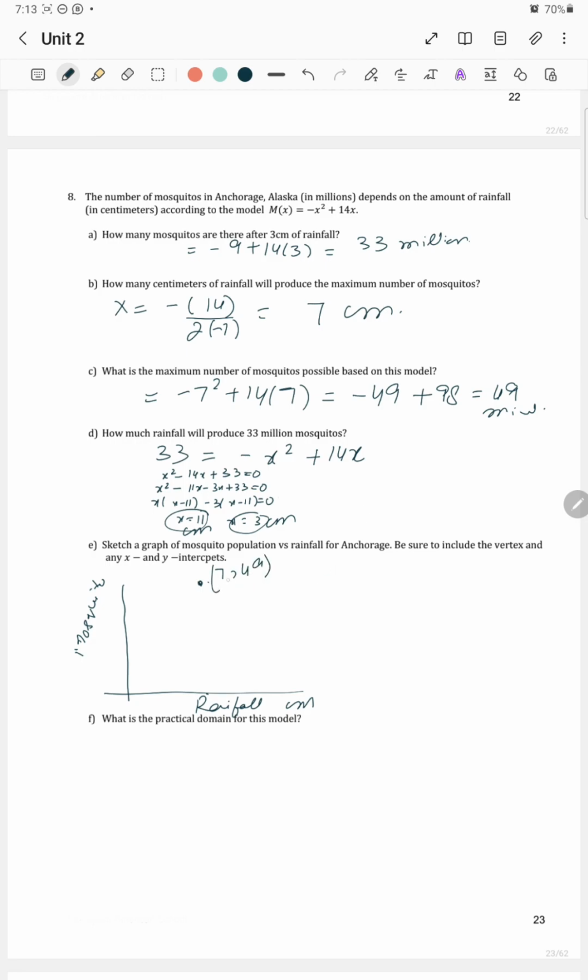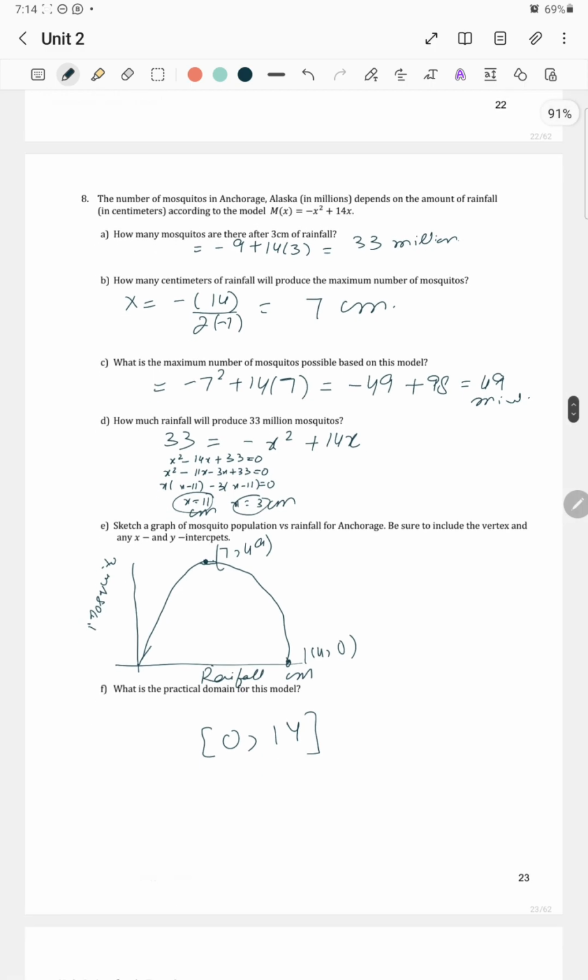And here we get the intercepts, and 0. What is the practical domain of this model, from 0 to 14?